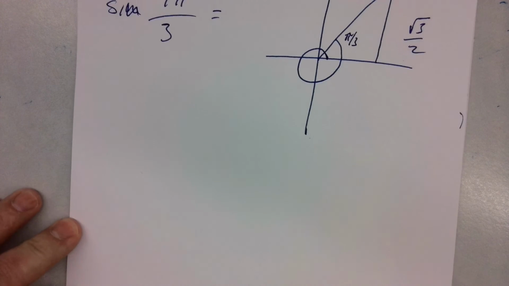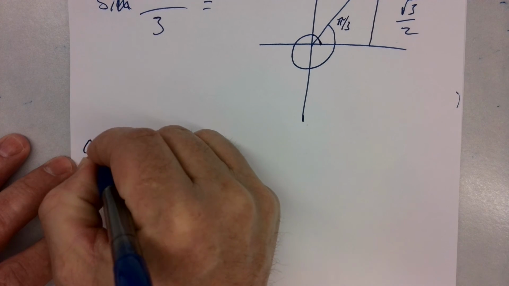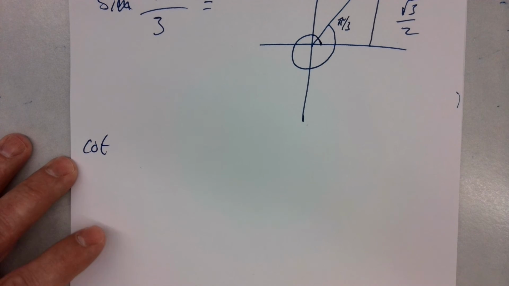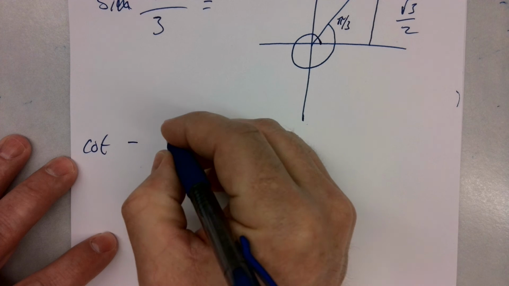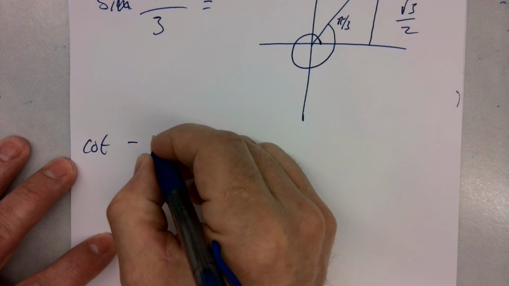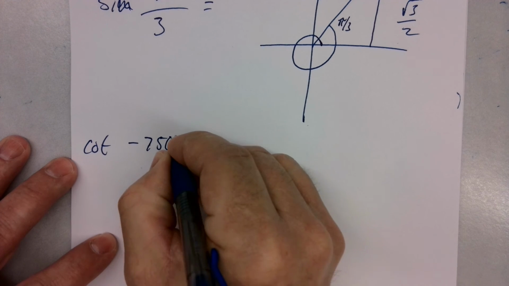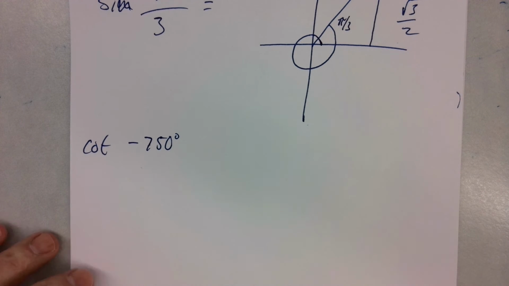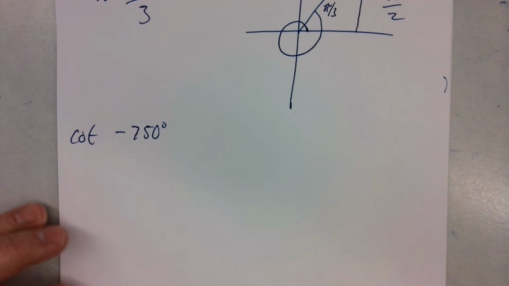Now, let's say I wanted the cotangent, right? We ready? The cotangent of negative 750.